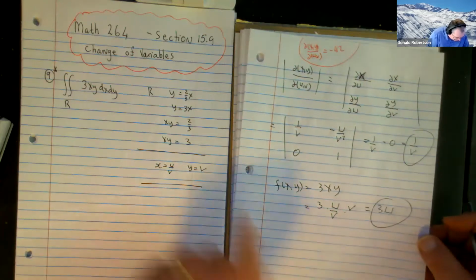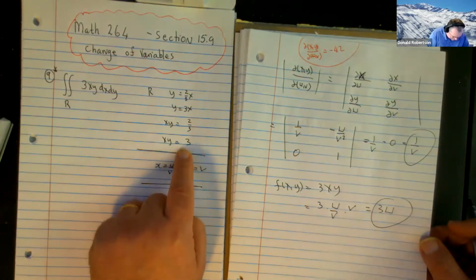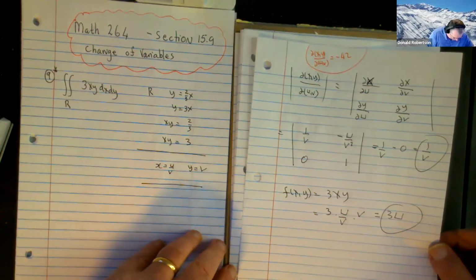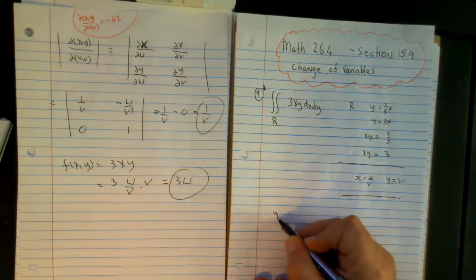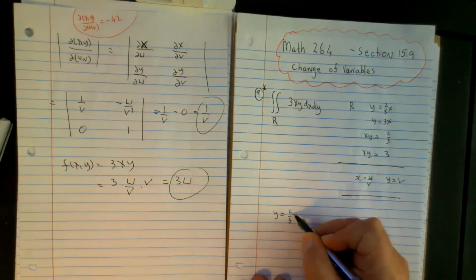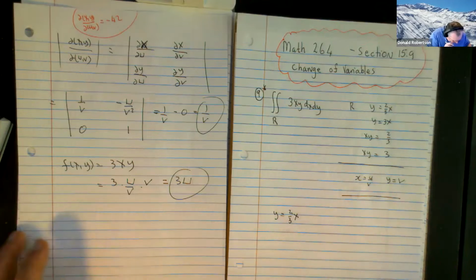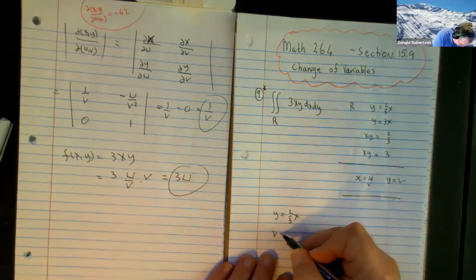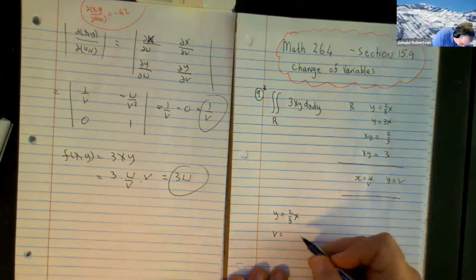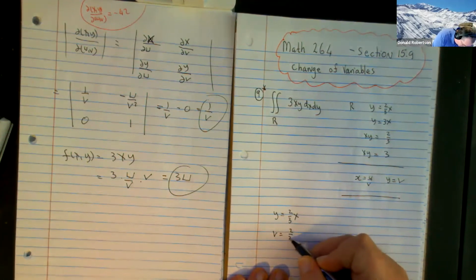So I have this guy here, right? And maybe I should switch places because I need room. So I have y equals 2/3 x. And y is going to be replaced by v. And 2/3 x is going to be 2/3 u over v.